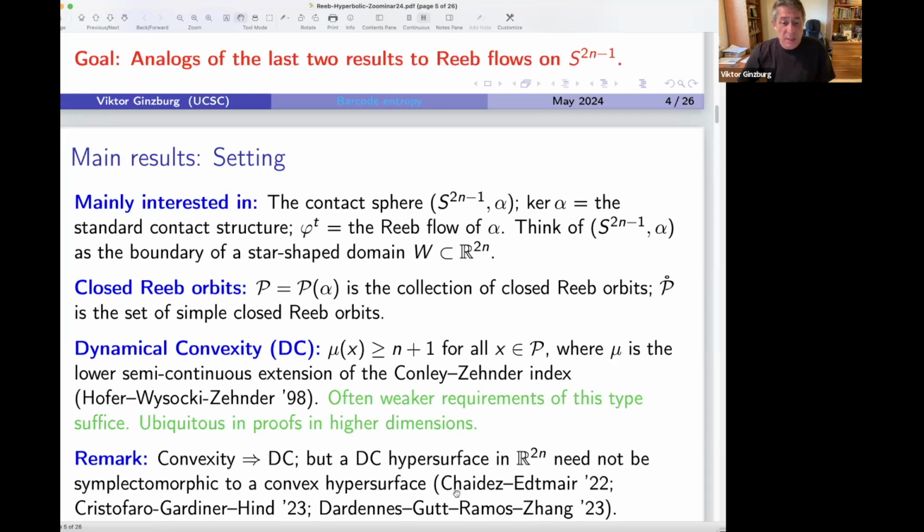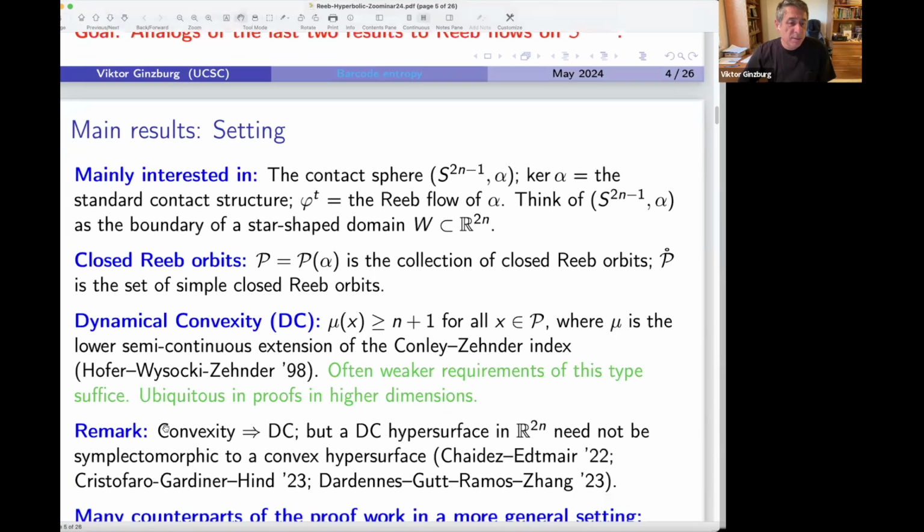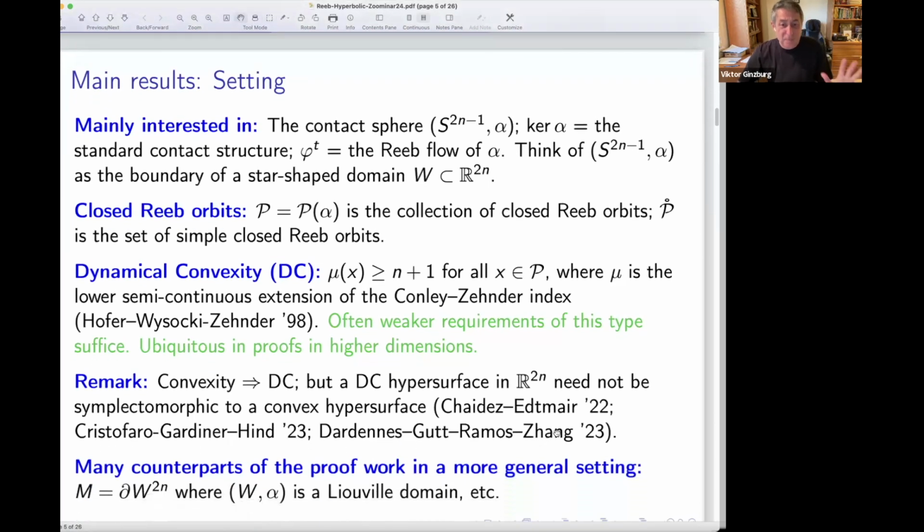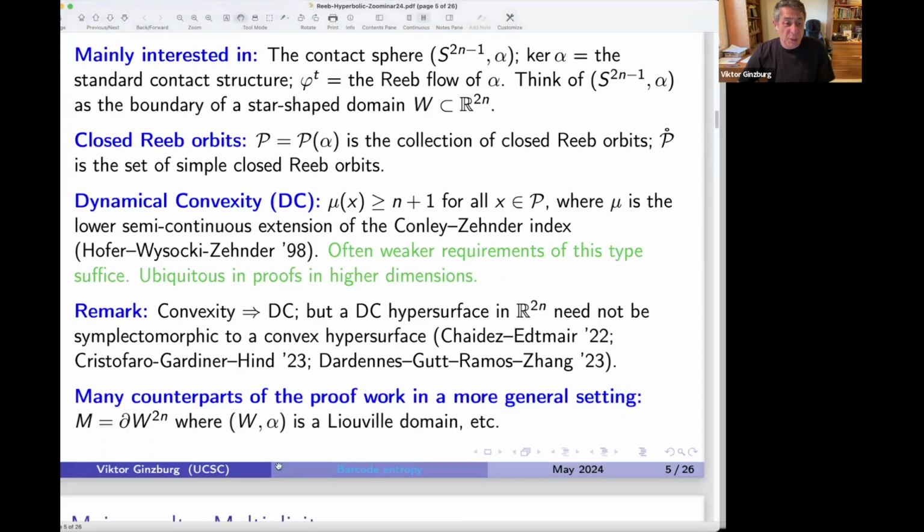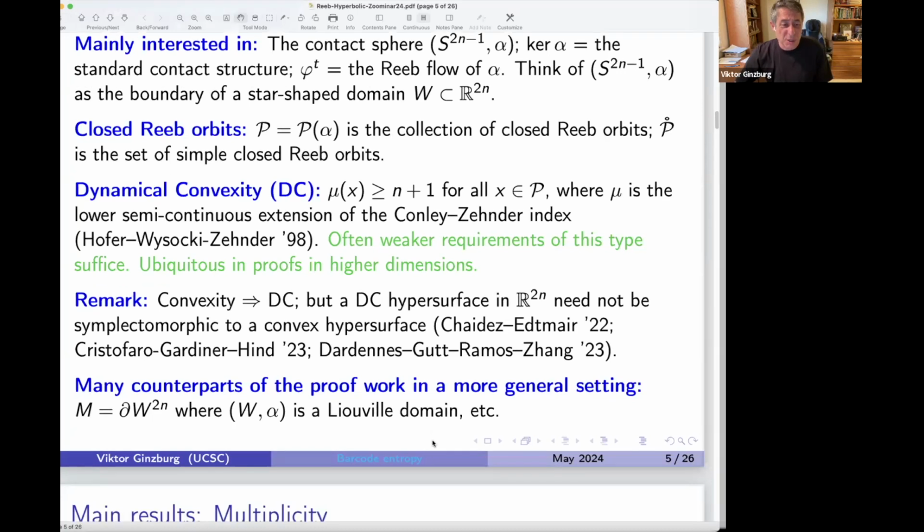By now, the first example of this type is Ekeland and Hofer, and then there are constructions by Christopher, Gardner and Hind, and then Ramos and Zhang, and so by now this is a well-understood question. So many parts of what we are going to talk about, though, or some parts at least, work for more general Liouville domains. So there will be pieces here and there that hold in general.